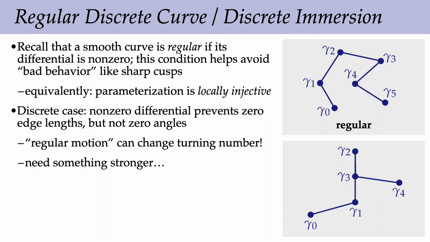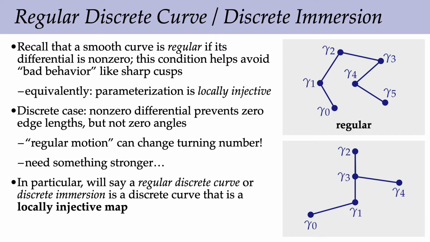Okay, so here we just play the usual game and we say, well, there's an equivalent characterization in the smooth setting, which is that the parameterization must be locally injective. So in particular, we can say a regular discrete curve or a discrete immersion is a discrete curve that is a locally injective map. By the way, this is a really nice way of defining regularity because it doesn't depend at all on any notion of derivative.